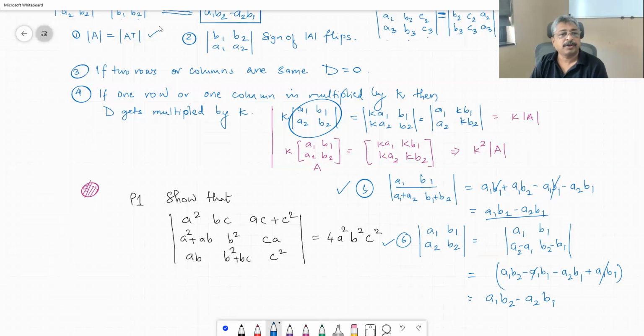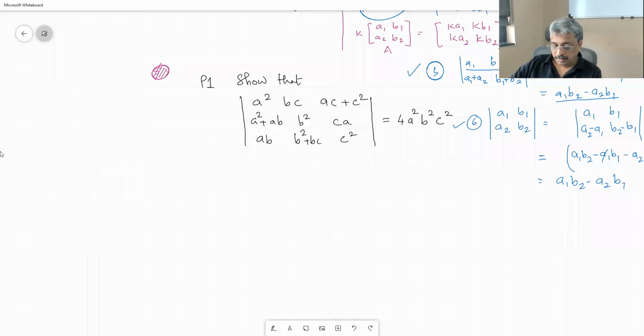Okay, so solve this problem. Show that, problem number 1. Now if you observe this determinant, you will find that a is common in the first column, b is common in the second column, and c is common in the third column.